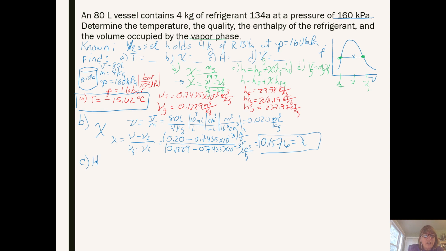Okay. C, we're trying to find our enthalpy. And so we're going to use our equation, specific enthalpy, and either one will work, but since they already took the difference for us, we're going to go ahead and put that in.